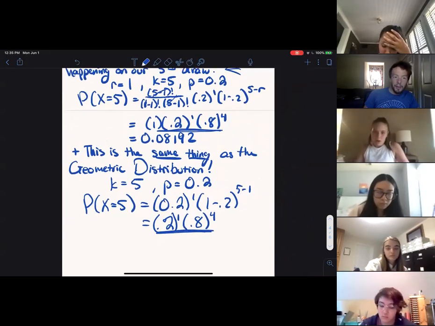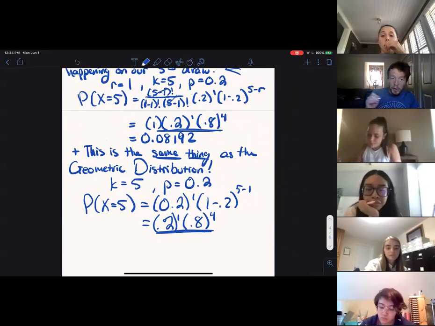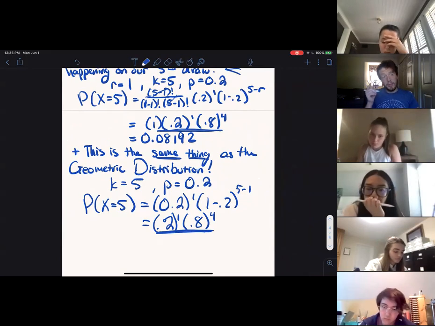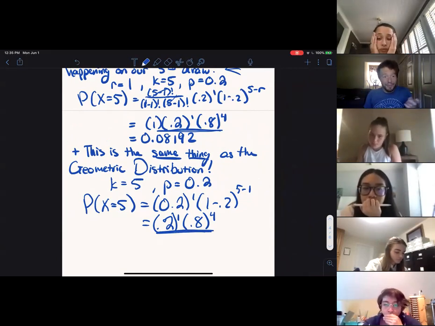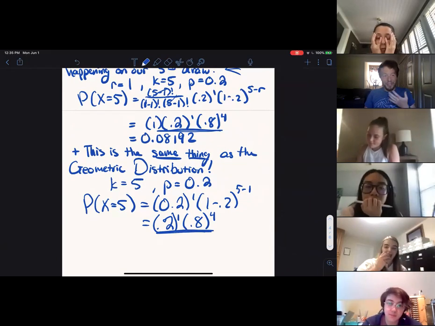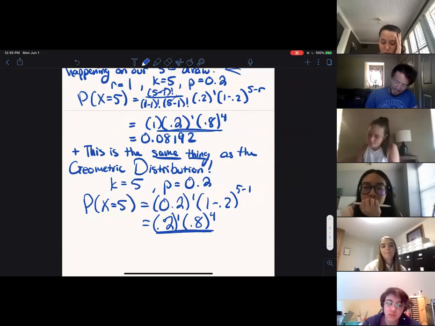The negative binomial is a more general form of the geometric, and if you were to put r equals 1 into the negative binomial, it would just become the geometric. Geometric's like the easy version. Our negative binomial is the more generalized, the more complicated version. But they reduce to each other, which is kind of cool.